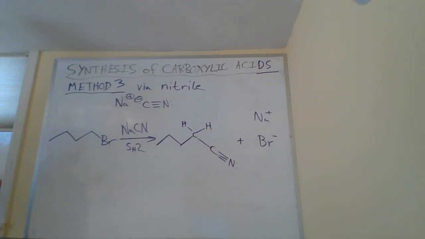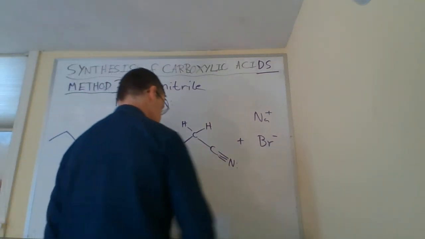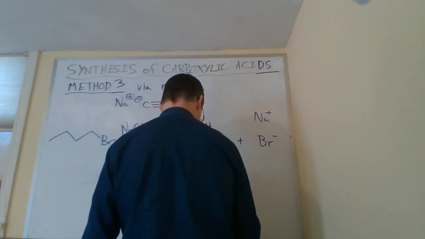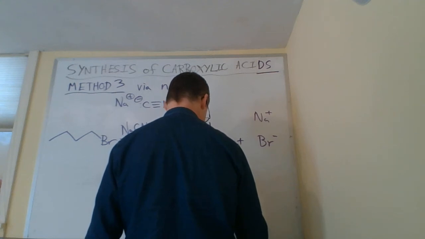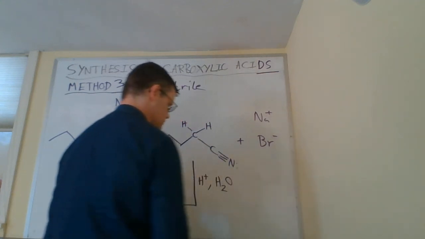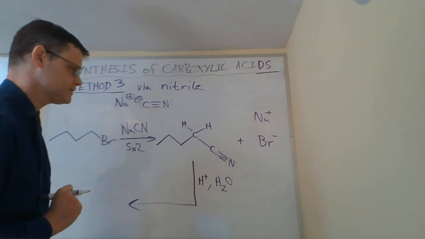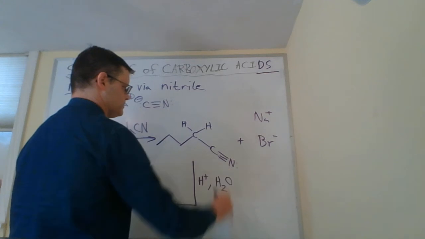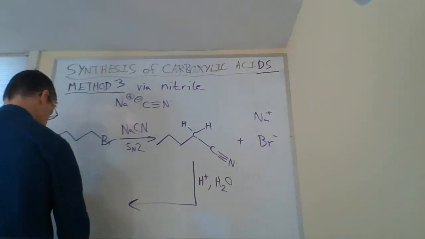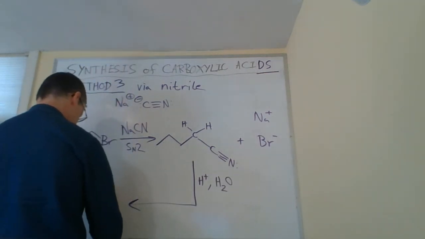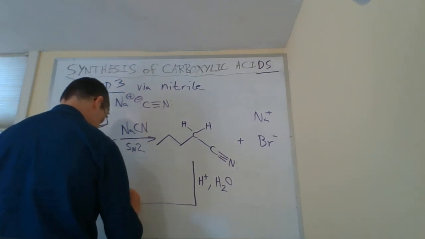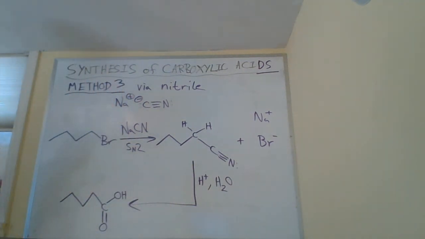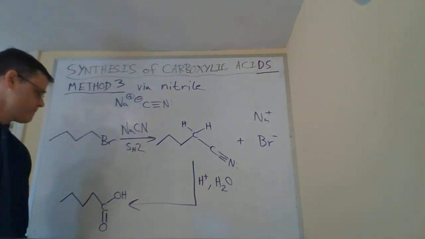And then what we can do, and what we probably haven't seen yet, is either acid catalyzed or base catalyzed hydrolysis of this. This would be acid catalyzed hydrolysis. What we're going to do is ultimately lose that nitrogen and replace it with a couple of oxygens. So acid catalyzed hydrolysis gets us to pentanoic acid.